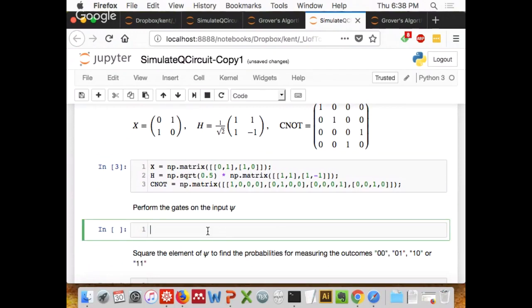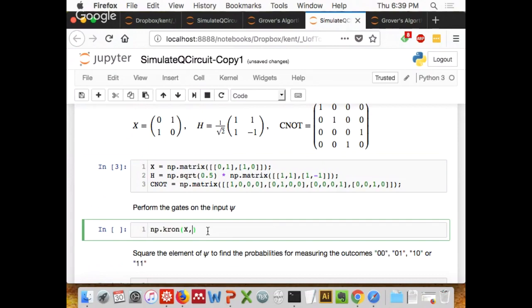And next we just want to multiply the matrices. So you can use the dot product in NumPy for this. So first thing, remember on our circuit, the first gates it sees are an X gate for the first qubit and an H gate for the second qubit. So we can actually do that easily with the kron command again.